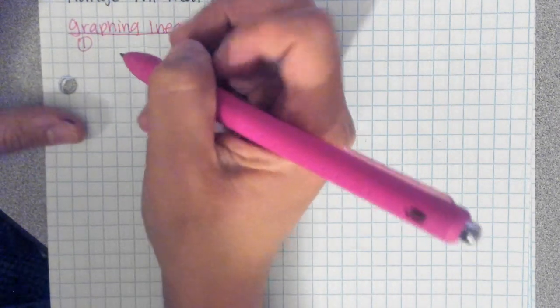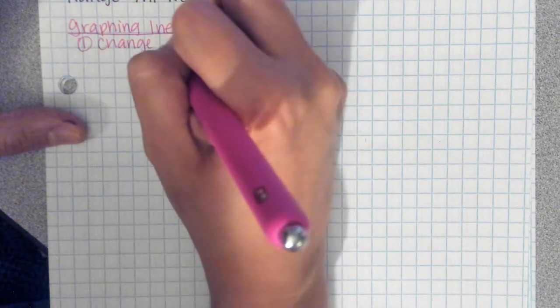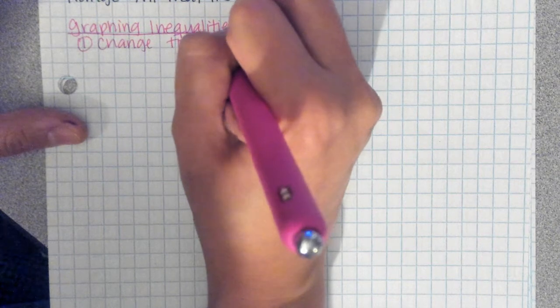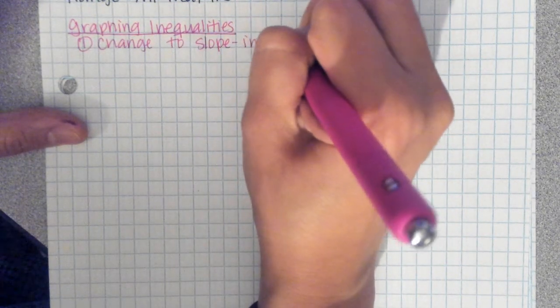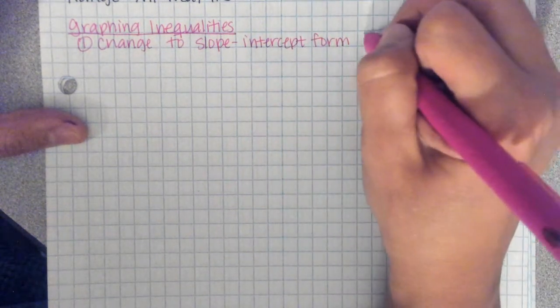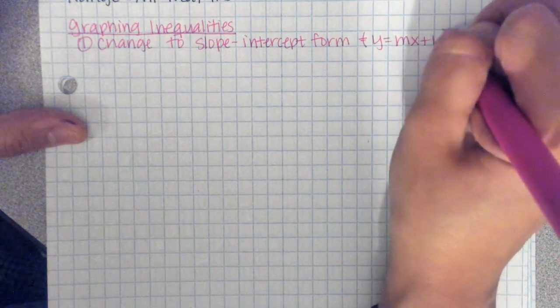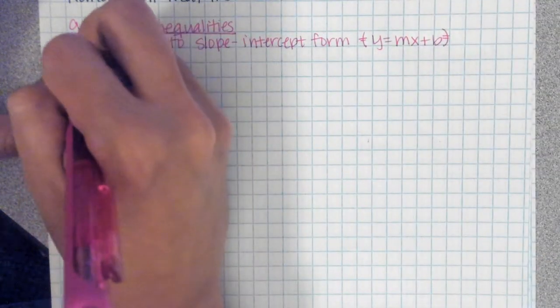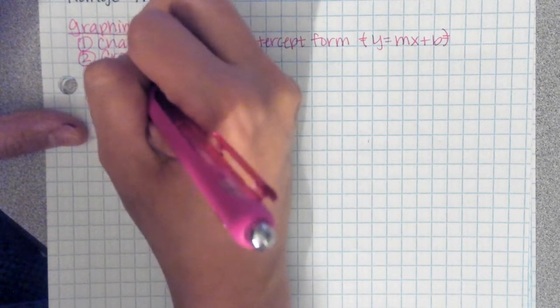Step 1, just like before, you got to change it to slope-intercept form, which is y equals mx plus b. Step 2 is you're going to graph some points.